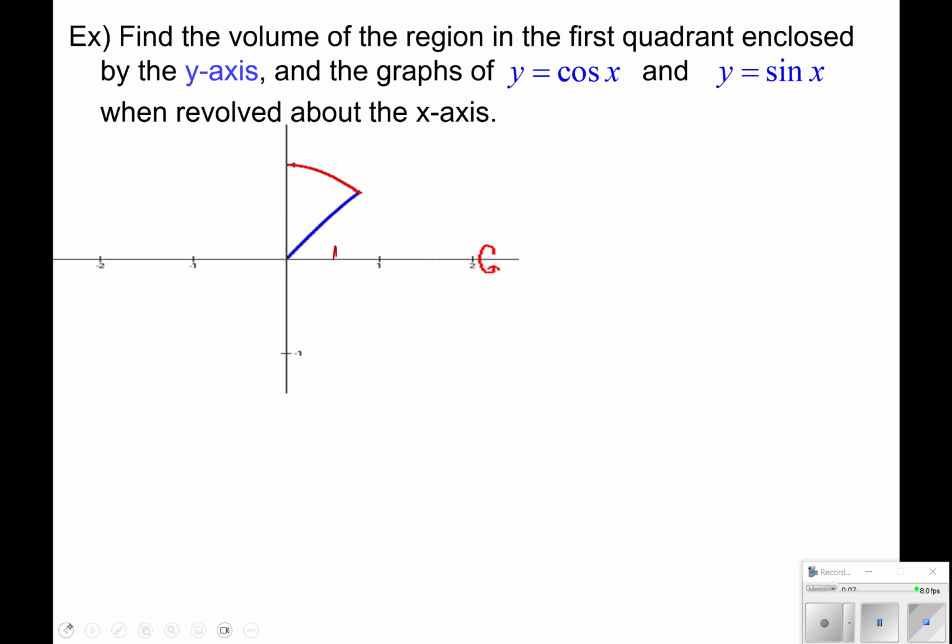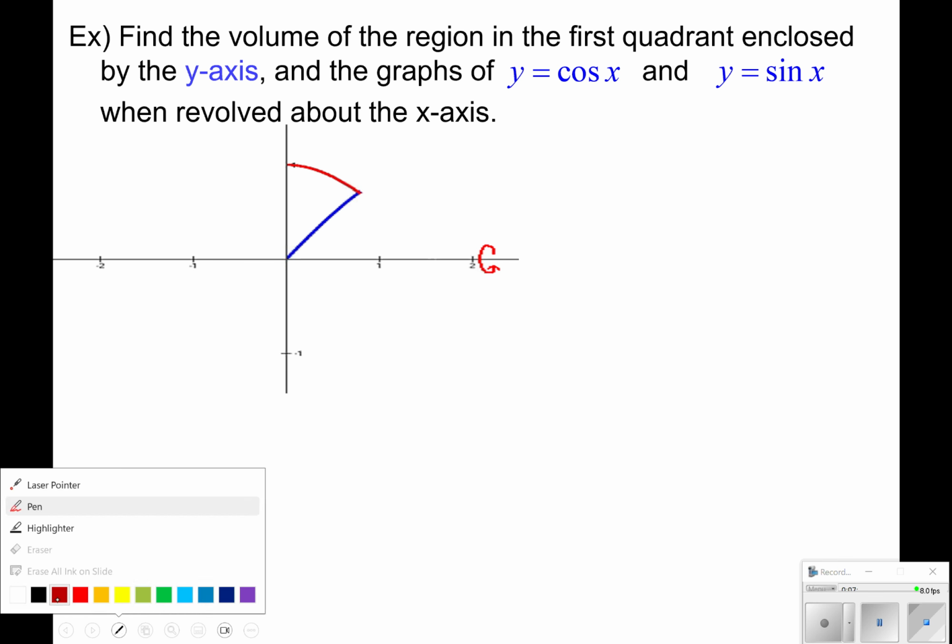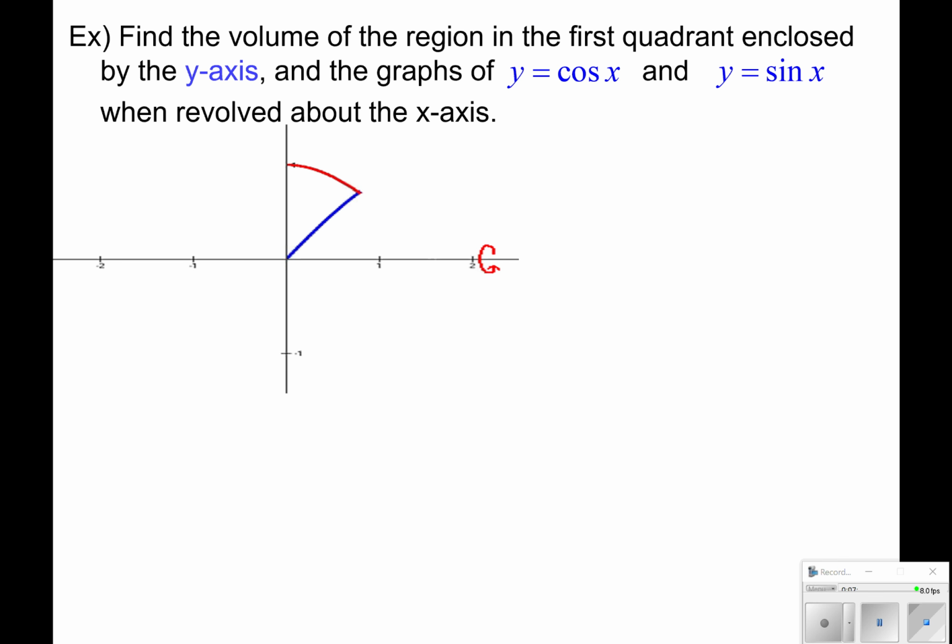So very beginning, right? You might notice that, yes, we know that this region starts at 0, but it doesn't end at 1. It ends at an unknown amount. So in order for us to do this, we're going to have to utilize our calculator to help us.